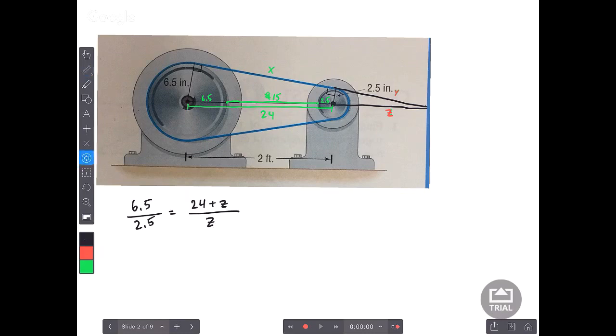Everyone follow what I did here? I said, in this big triangle, 6.5 is the height, and 24 plus z is the hypotenuse. And in this small triangle that I've added in, 2.5 is the height, and the hypotenuse is z. Is that reasonable to everyone?